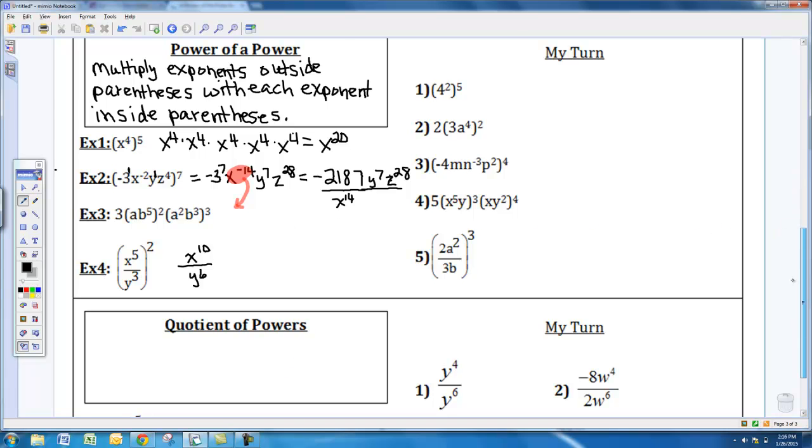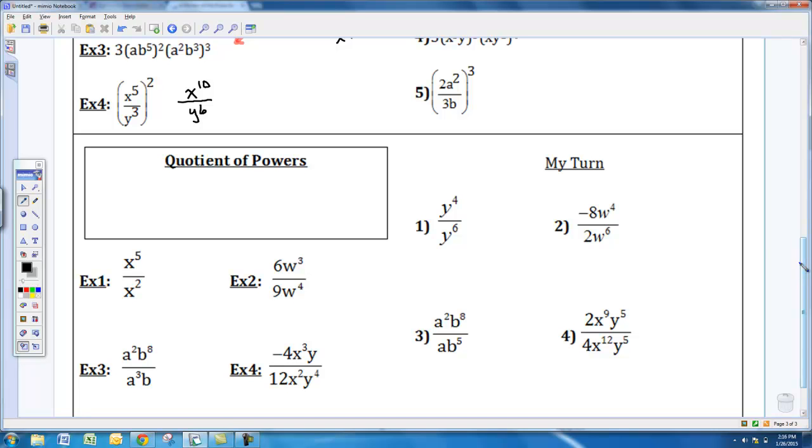Okay, moving down to our last rule, which is the quotient of powers rule. So this is going to say when dividing like bases, we're going to keep the base.